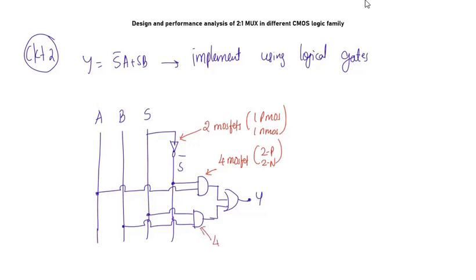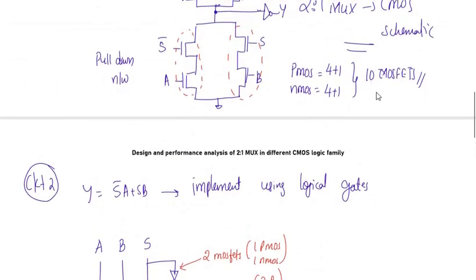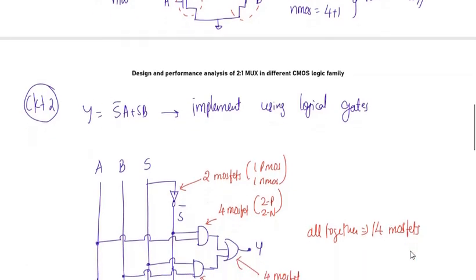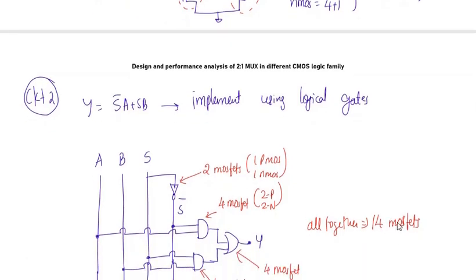Here also 4 MOSFETs, and this one also has 4 MOSFETs. So altogether I have 4 plus 4 plus 4, 12, plus 2, 14 MOSFETs, as compared to circuit number 1, which has 10 MOSFETs. Obviously, the more MOSFETs, the more power dissipation, because it is going to consume more area. So this is my second circuit.